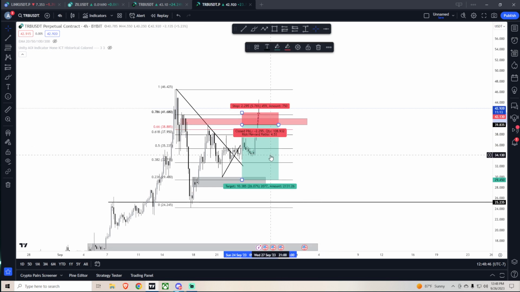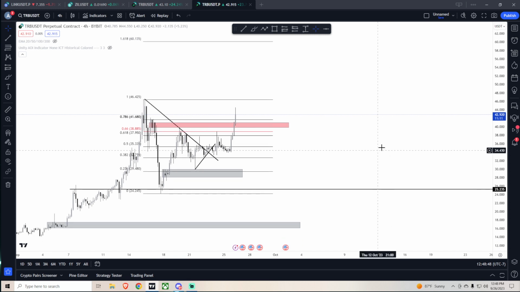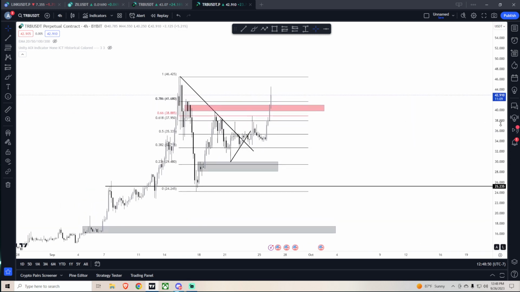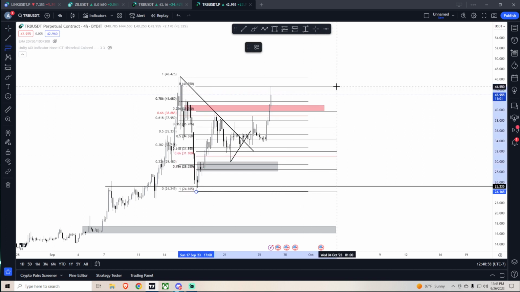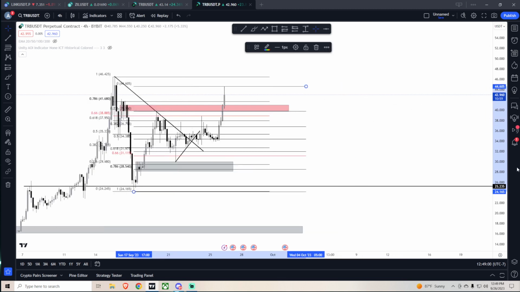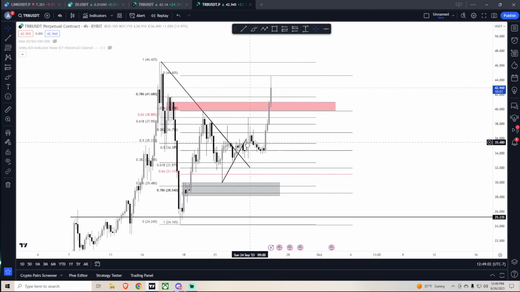If this has a sell-off, and it usually does, like when this rallies, it drops hard and then it rallies again, drops hard and rallies.